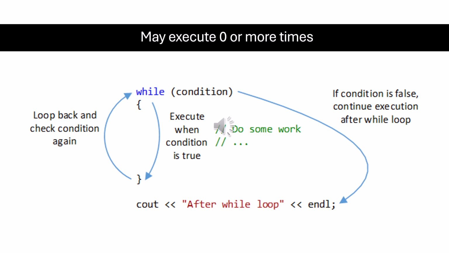Now how it executes 0 or more times is that in the while loop we write the structure while and then the condition. The loop is executed when the condition is true, and then it's going to go back again and check the condition again.